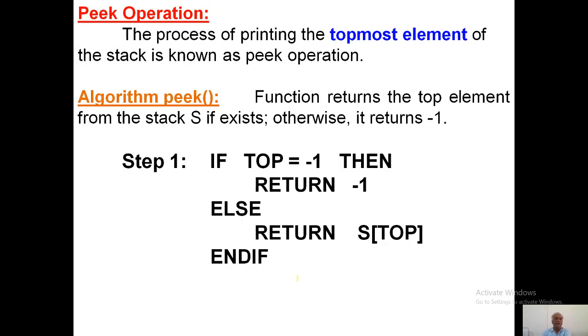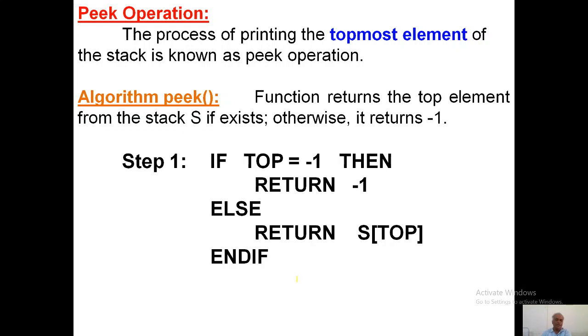Next one is the peek operation. Peek is a different operation than push and pop: push is for insert, pop is for delete. The peek operation is the process of printing the topmost element of the stack. If you want to print the topmost element, you can use the peek operation.